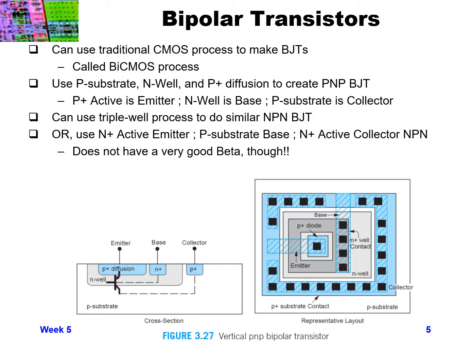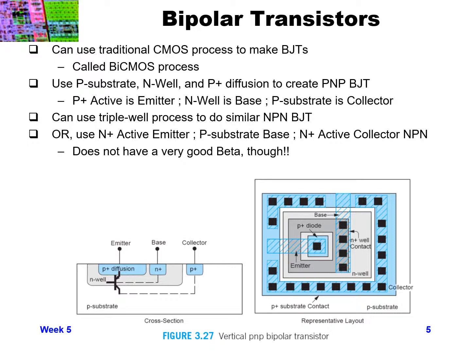On the right side, it's showing, from the top view, how you would actually create it. So rather than just having a single contact on one side of the well, you want your collector to have as low a resistance as possible for the current to go between the emitter, base, and collector.